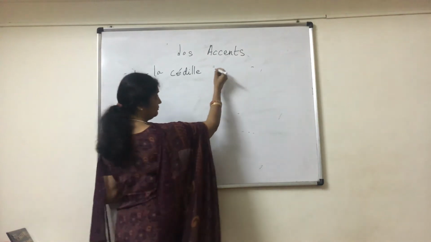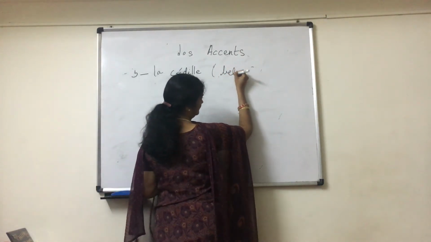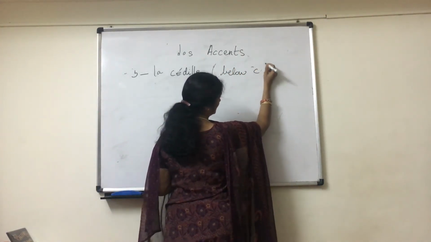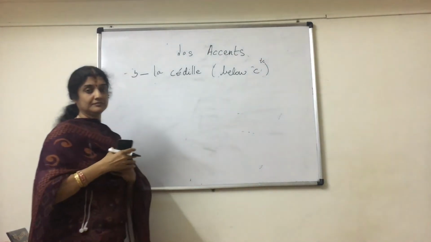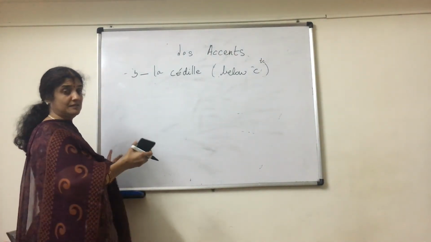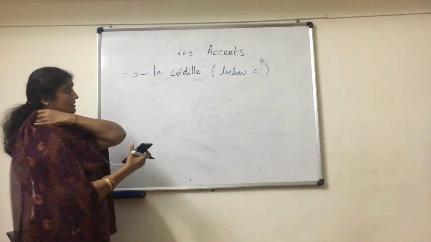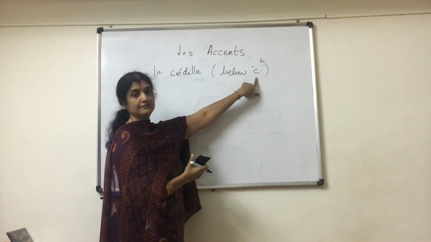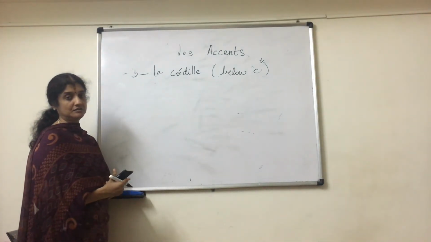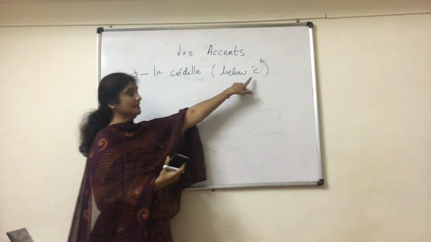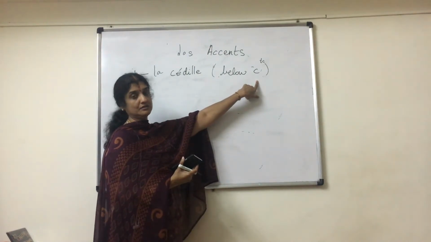Now this is written below C, but I am going to write terms and conditions apply. Why am I saying terms and conditions apply? The pronunciation of this letter in French is say. It takes the S sound.